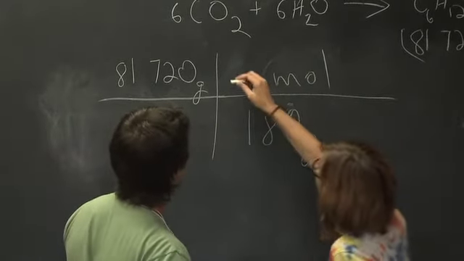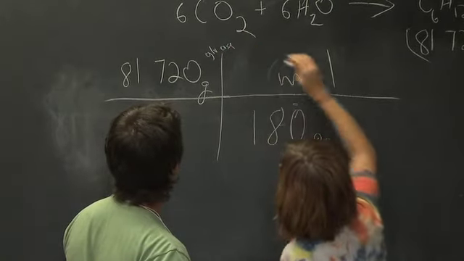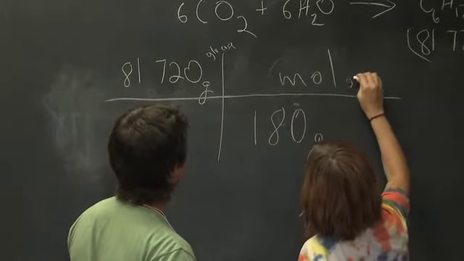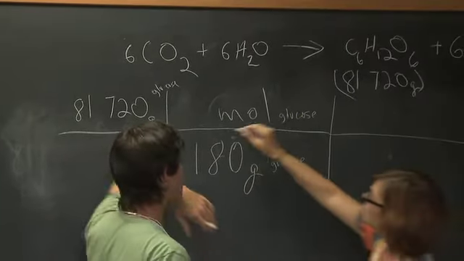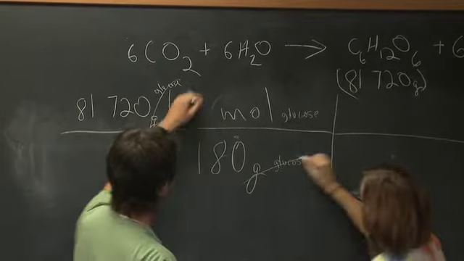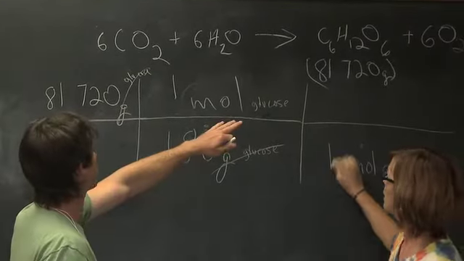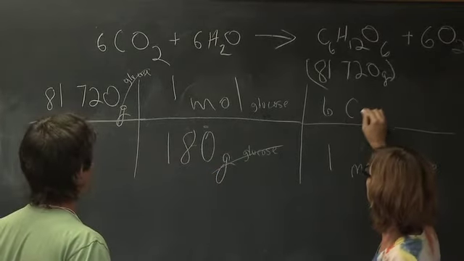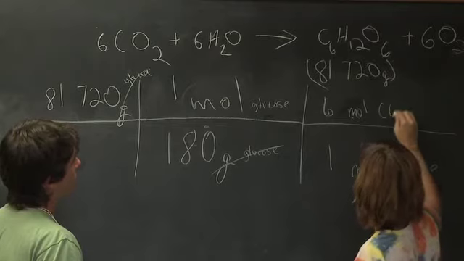So we'd say grams of glucose, and this is actually moles of glucose we're talking about. Right now I have grams of glucose, but I need moles of glucose on the bottom. Then CO2: 1 here and 6 here, so 6 moles of CO2.